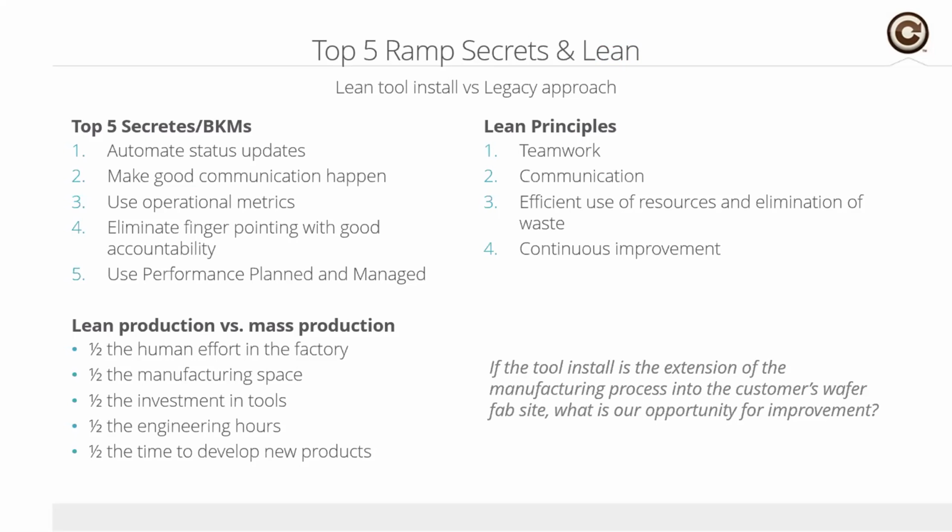And the top 5 secrets, the BKMs, maybe not so secret to Kirby's point, are supportive and in line with the principles of lean, of having teamwork, communication, good use of resources, elimination of waste, and always doing continuous improvement.